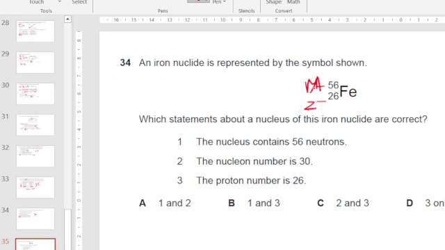The atomic number gives the number of protons, which is 26. Yes, this is correct. The number of neutrons is only 30, not the nucleon number, so that is wrong. The nucleus contains 56 neutrons, no, it contains 30 neutrons, this is also wrong. Hence the correct option is D.